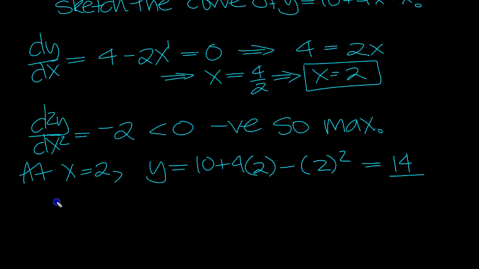Now a quadratic is either going to be a U-shaped curve or an N-shaped curve. That's the two possibilities for a quadratic. We know it's a maximum, so it's an N-shaped curve. So it's this one. Now we can do a quick sketch of the curve. Then let's do that here. Put our x and y axes in.